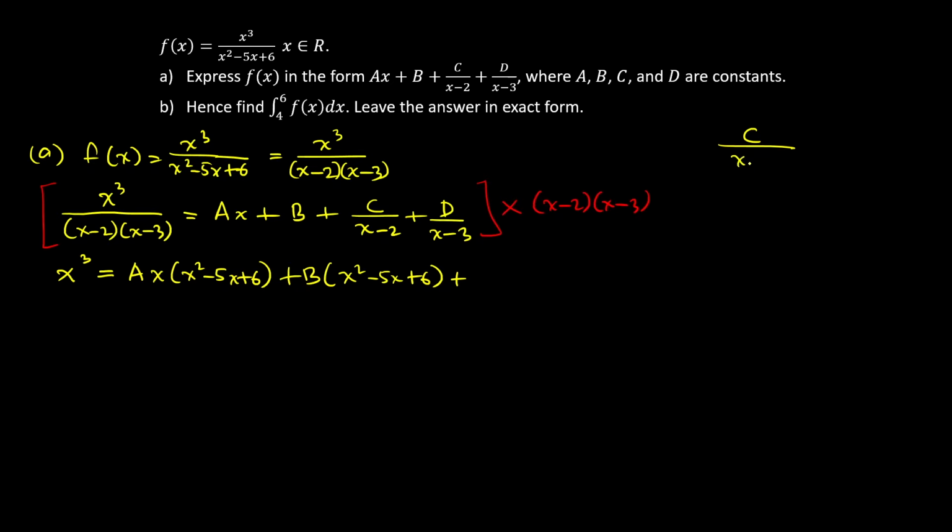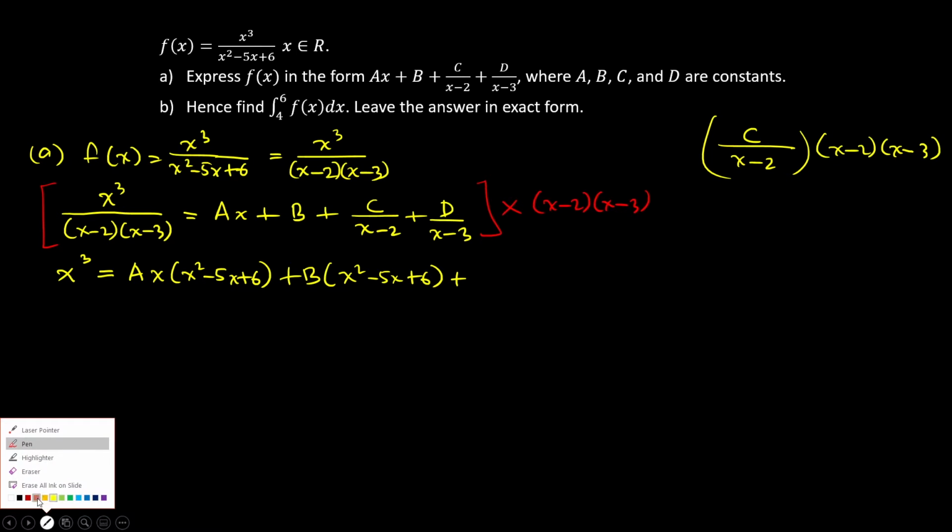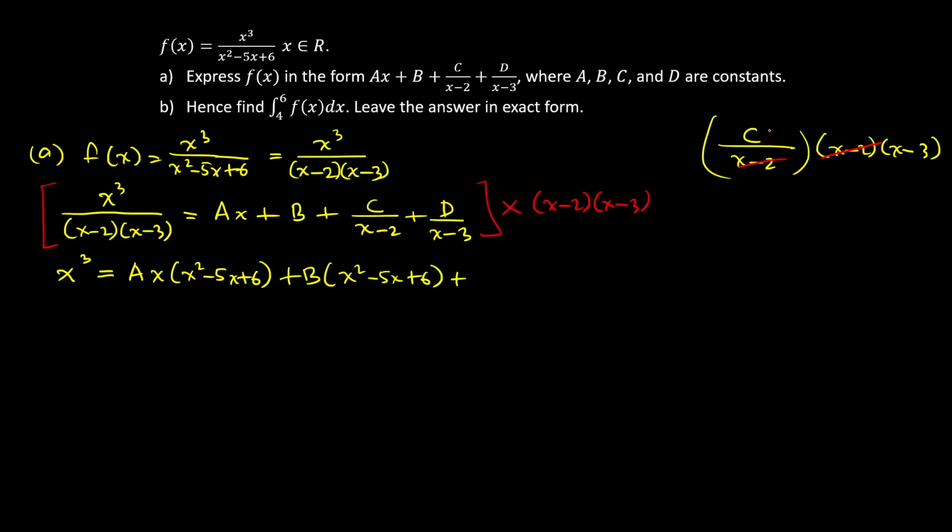Now as we have c, let's put it here first. C over x minus 2 is multiplied by x minus 2 and x minus 3. As you can see, we have common terms there that we can just cancel off and leave c times x minus 3.